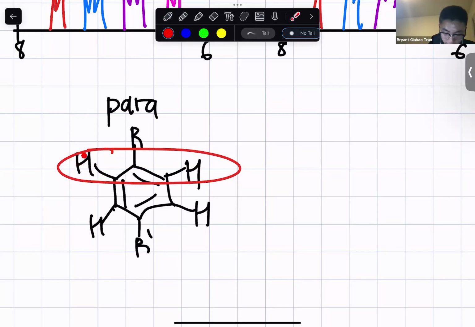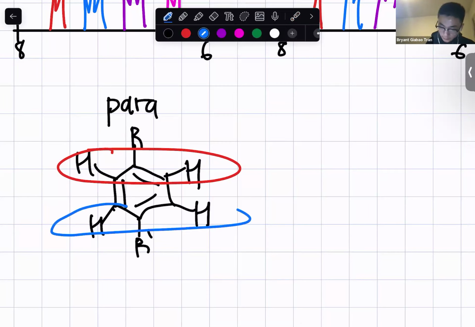This one hydrogen here is equally distant to this R group as a hydrogen right there. Like all of the other things around it have the same distance between them. These 2 hydrogens are also identical to each other because they have the same chemical environment.